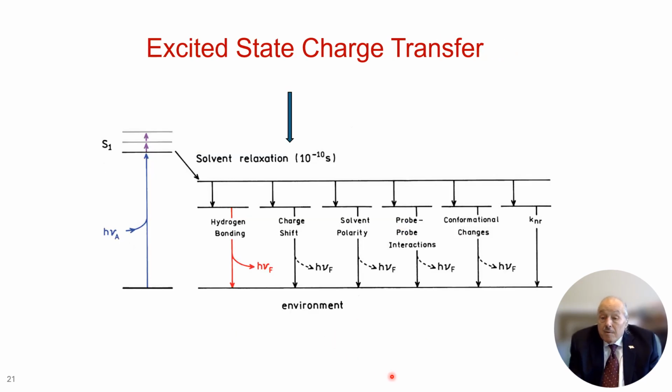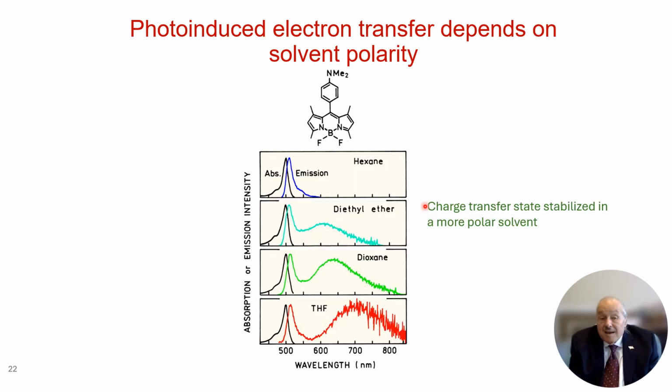Okay, we're going to change to another type of excited state interaction, and these are charge shift probes. I only have one example of this, but some probes can show a complete separation of charges in the excited state. The example that we have for this is a molecule with an aniline or dimethylamino unit attached to it, which makes this a strongly electron donating structure.